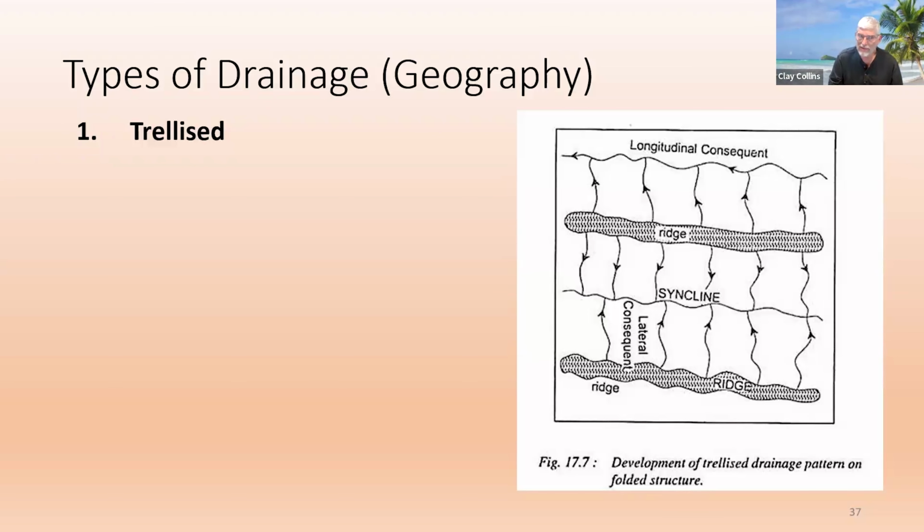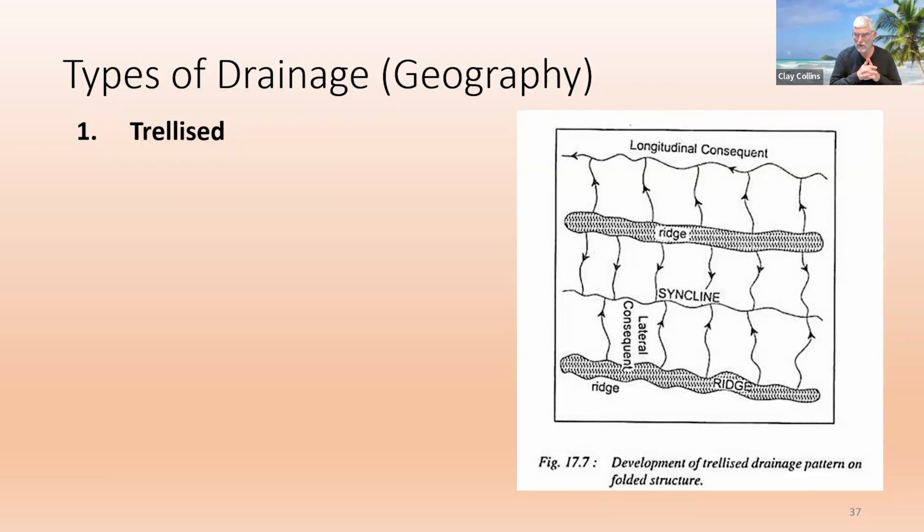When we talk about the geography of drainage, there are a lot of different types, and this is a large scale. But I think if you think about it, you can imagine a neighborhood that might have this same type of problem.